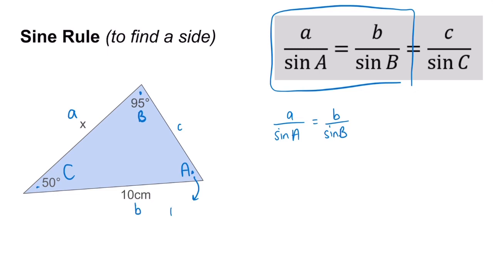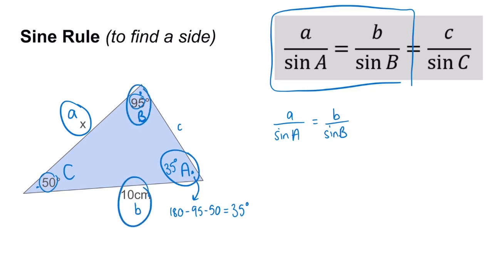So if I take 180 and minus 95 and minus the 50, those two angles that are already there, then that's going to give me what's left over at angle A, which is 35 degrees. So I could put that on there. I know that that is 35 degrees. And now I have the four pieces that I need to fill in my rule.